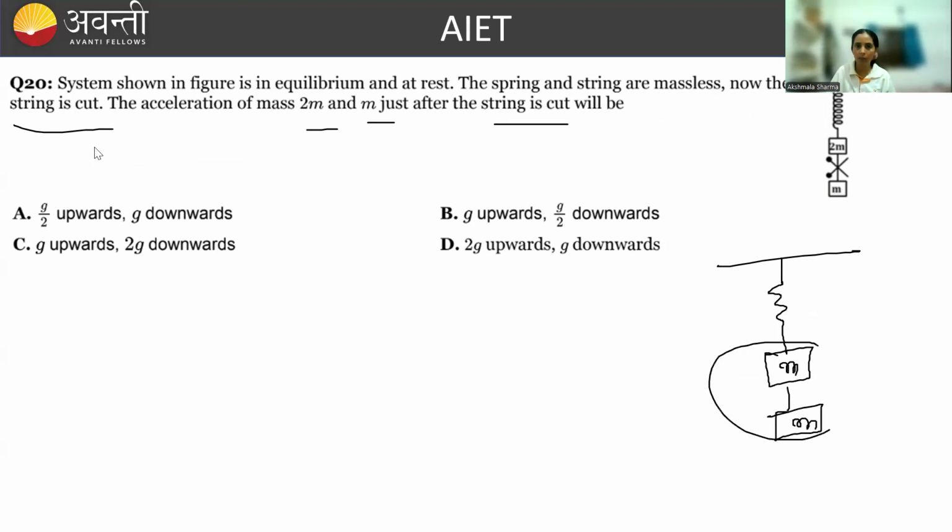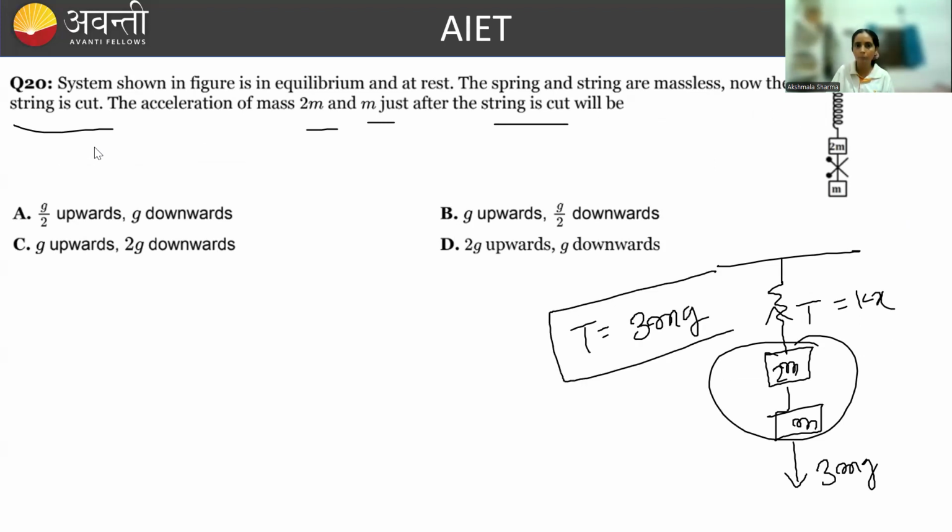So if you take this whole as a system, in the downward direction, what is the gravitational force acting? 3mg. And what is the tension? Suppose कर लो T है, and that is kx basically. So tension will be initially equal to 3mg. Now the moment you are cutting the string, what will happen?